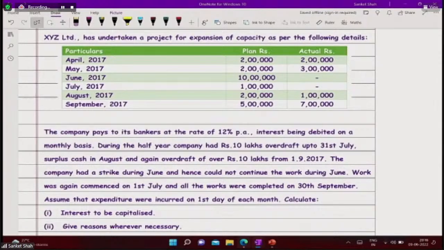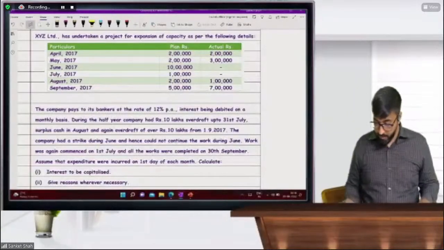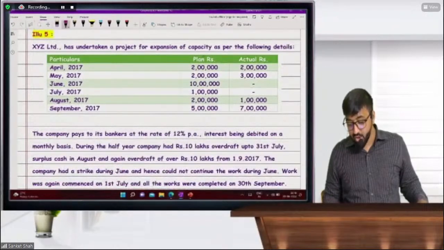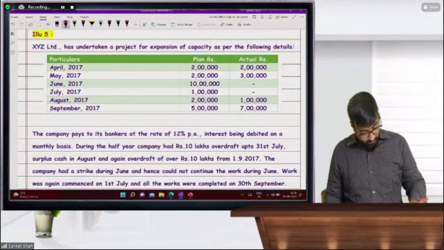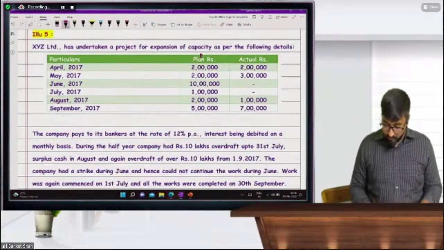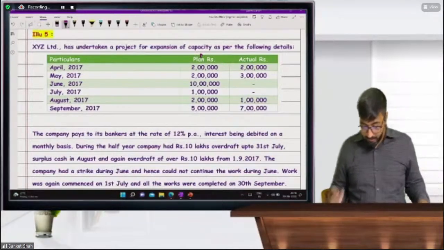Okay, there is no time, so I will solve it for you. Pay full attention. XYZ Limited has undertaken a project for expansion of capacity as per the following details. Plan rupees and actual: April, May, June, July, August, September.